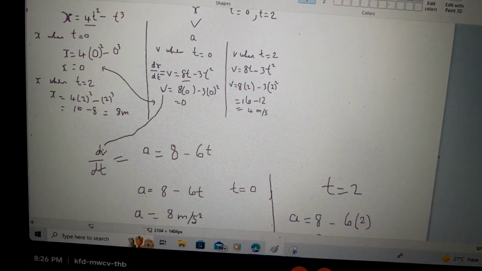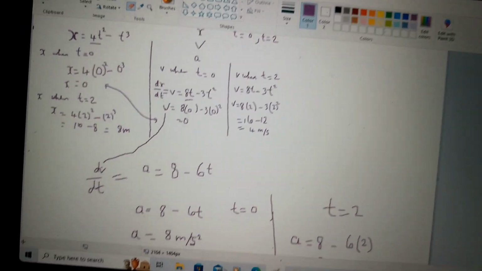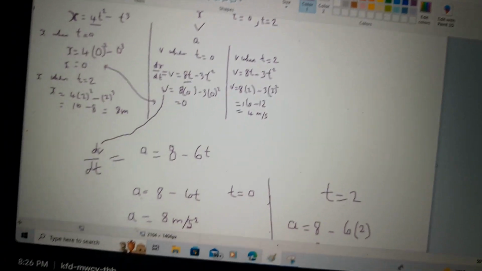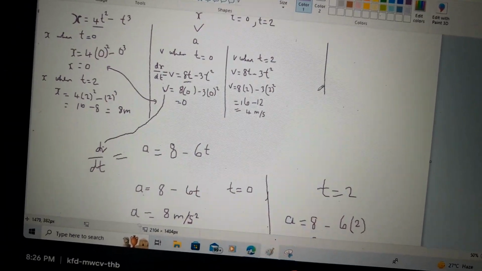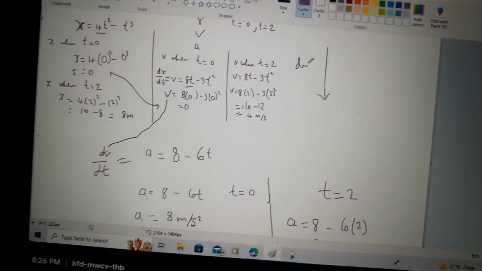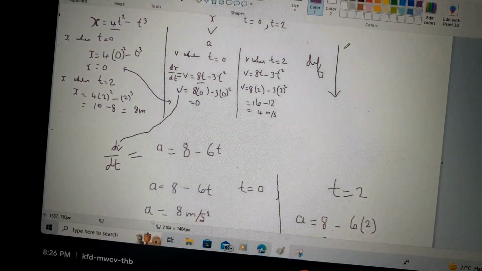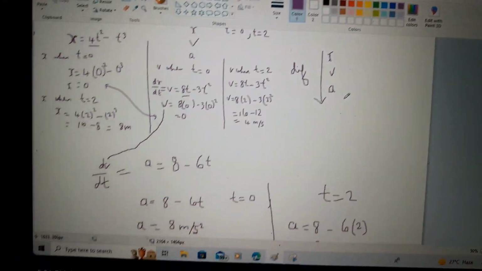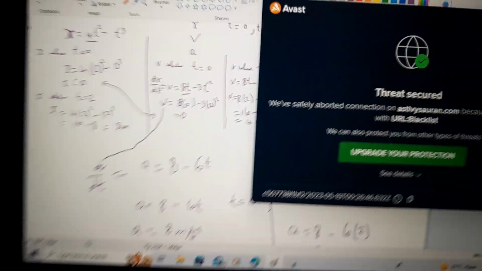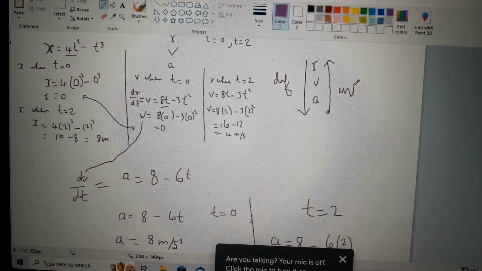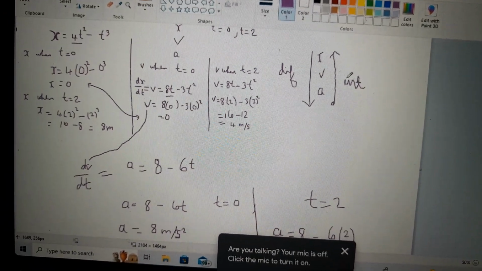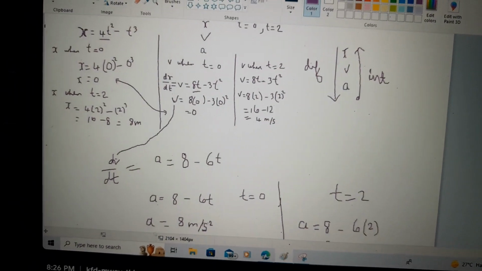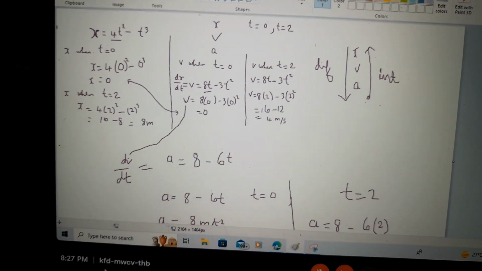So as you can see, if we want to come down, we differentiate. If we start with displacement, then we want velocity and acceleration, we differentiate. But if we want to go up, what do we do? We integrate, right? So that's basically it. Any questions pertaining to these two topics that we have touched?